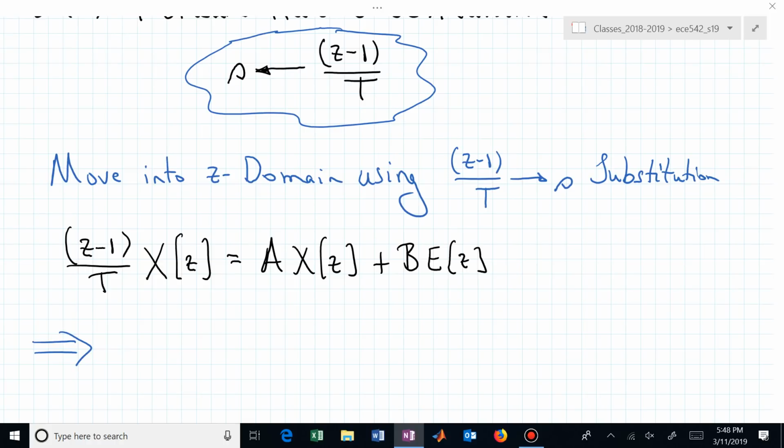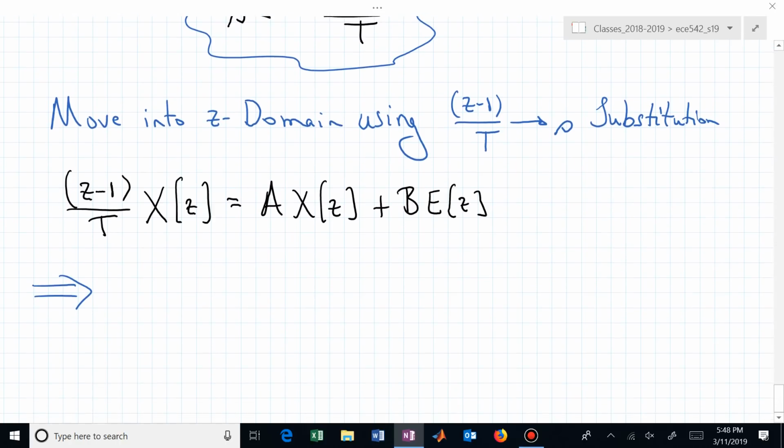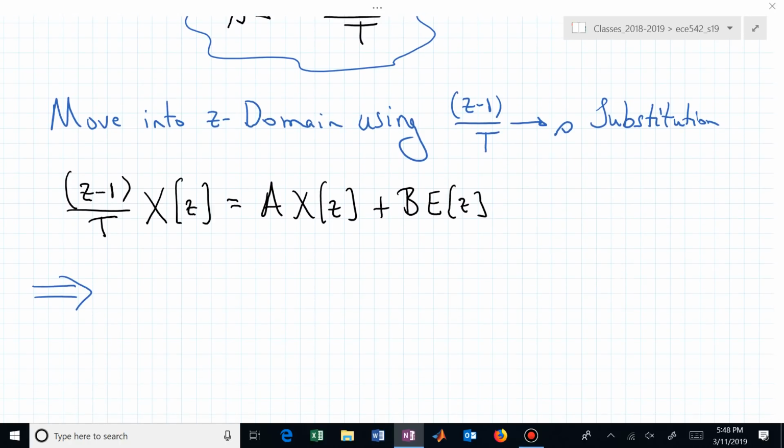Hopefully everybody's comfortable with that first step in step 2, just substituting for S the forward rule relationship, z minus 1 over capital T. Now we can continue. Let's clean this up a little bit.